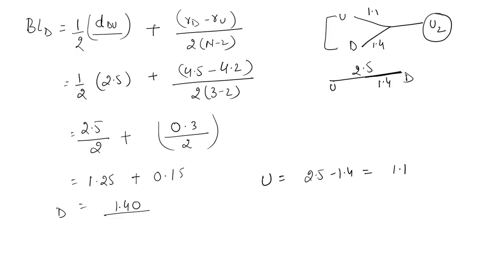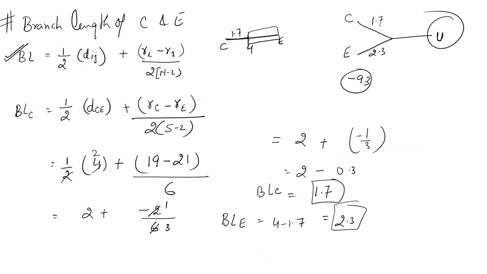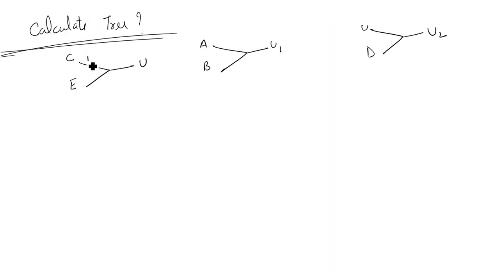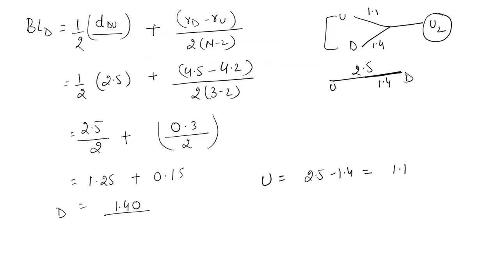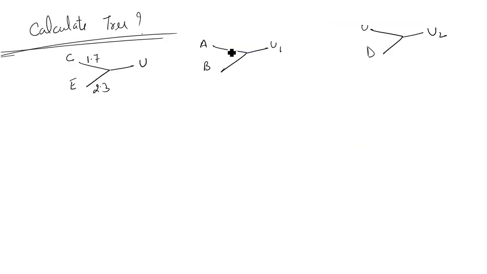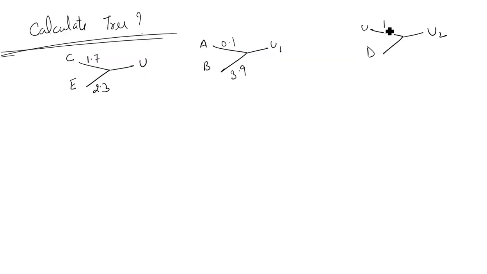What values did we get? For CE we got 1.7 and 2.3, for AB we got 0.1 and 3.9, and for UD we got 1.1 and 1.4. So these are the values we have got.